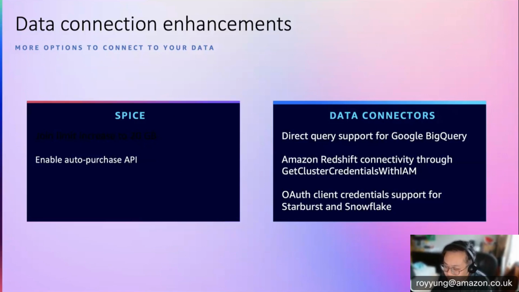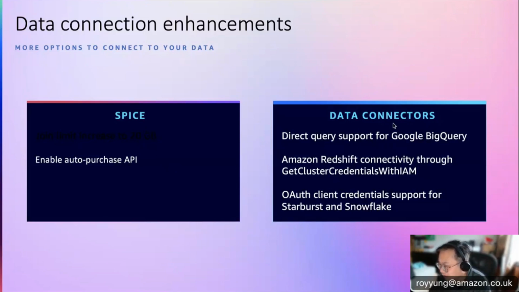So with this auto purchase API, if the Spice engine sees that you are out of Spice storage, it will automatically add more Spice storage for your QuickSight, to make sure you have sufficient storage to refresh the dashboard. So this is one of the key updates on Spice.